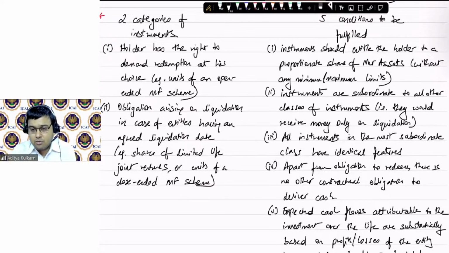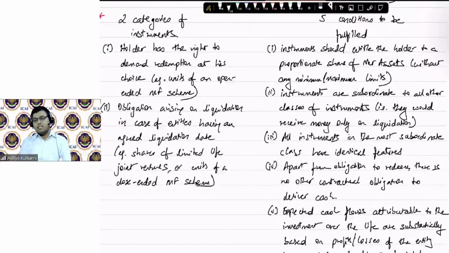That is what we call instruments subordinate to all other classes of instruments. The third one is all instruments in the most subordinate class have identical features.